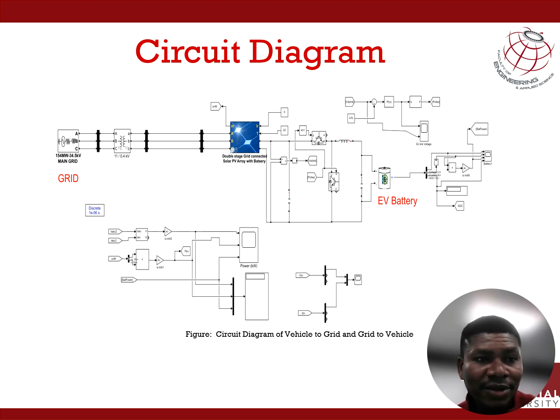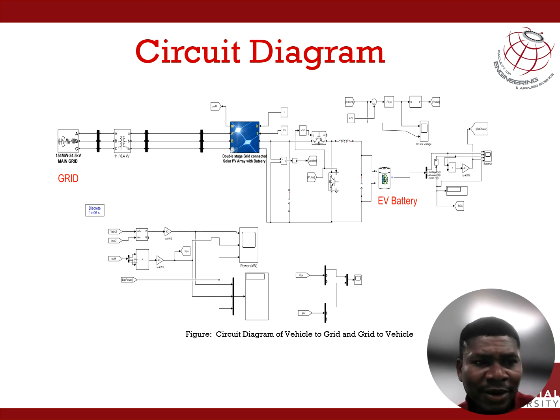Now it's connected to the DC to DC converter. This converts the high voltage DC power from the EV battery pack to a lower voltage level, suitable for onboard electronics and the auxiliary systems within the electric vehicle.